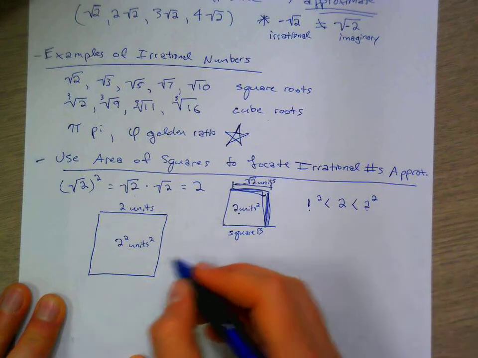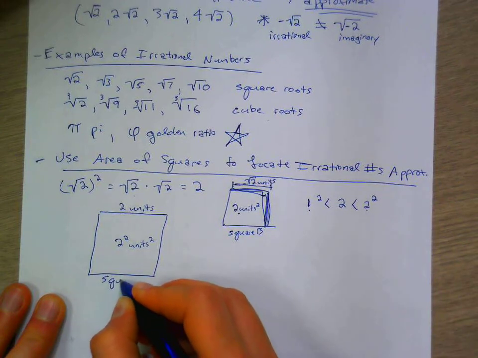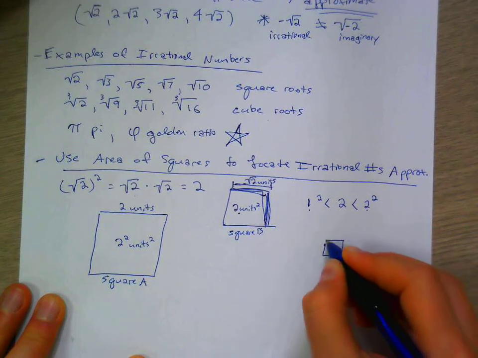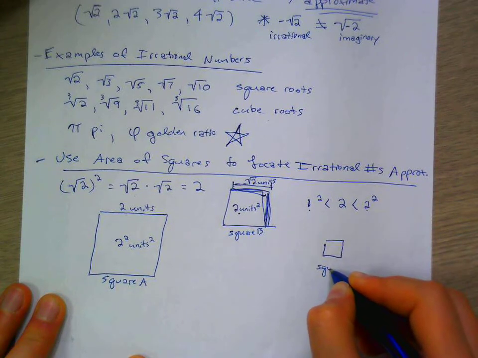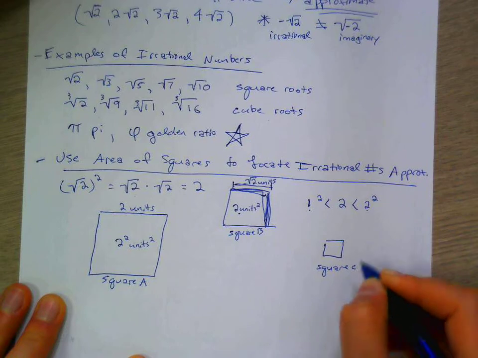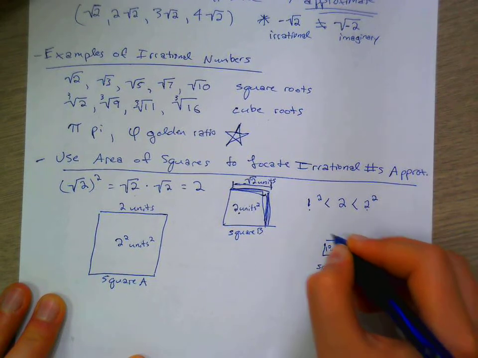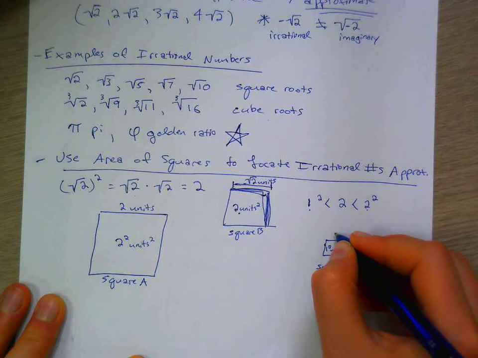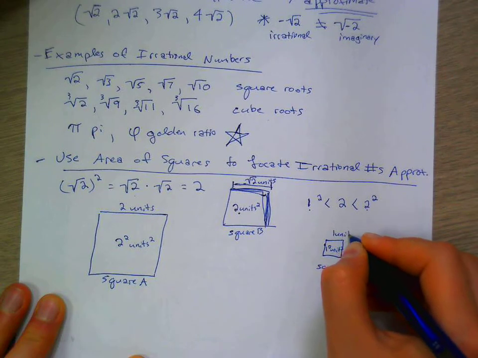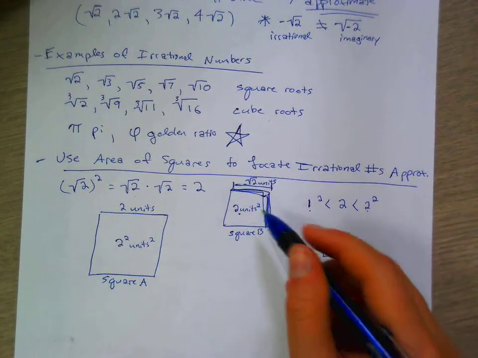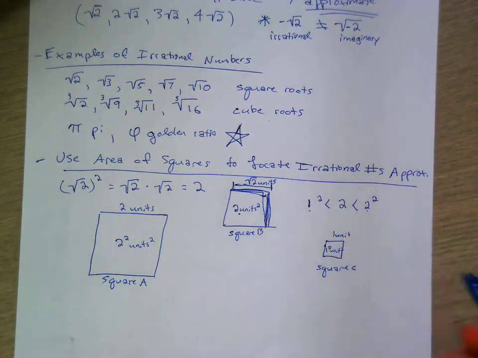And then over here we have a smaller square, square C. Inside we have 1 unit squared. Outside here we have 1 unit.